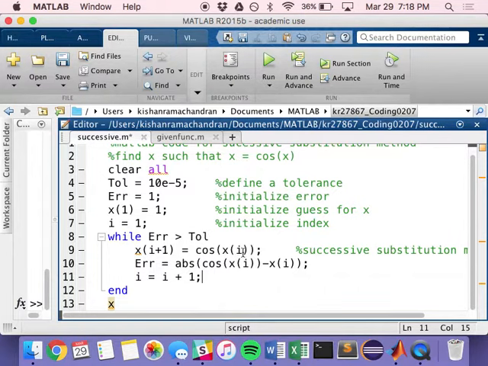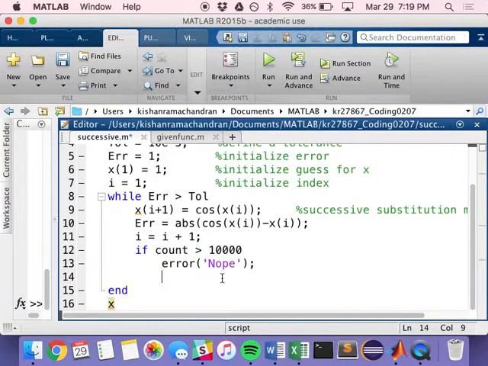And so you basically say, if count is greater than that, error. Just make this i. There's your built-in catch.